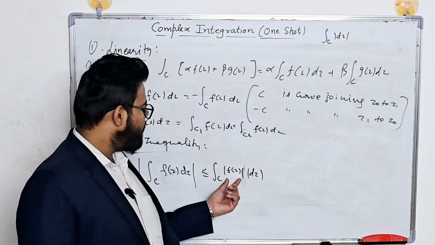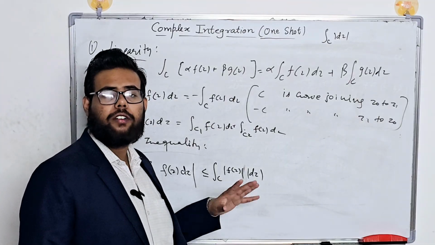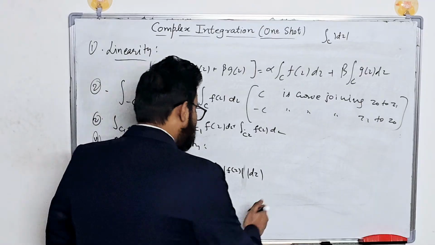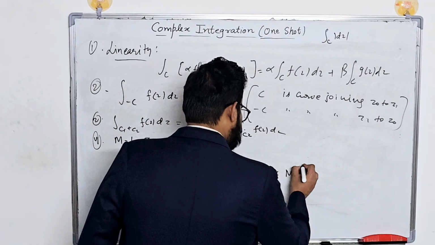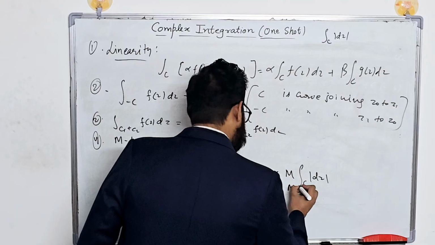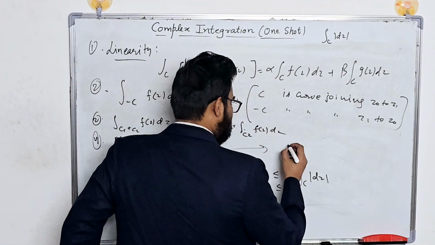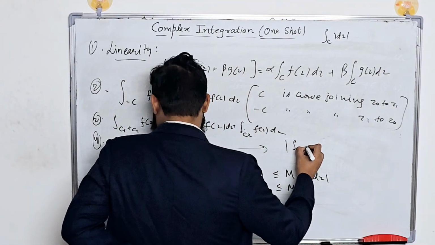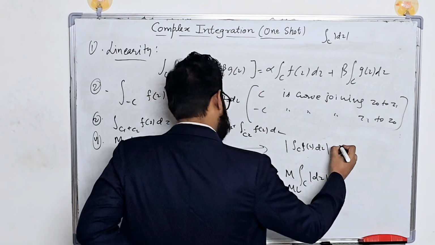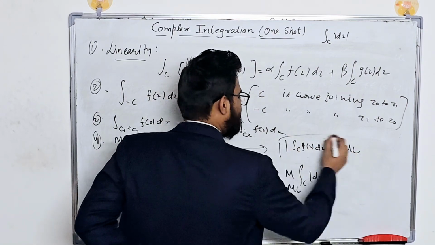Now if the mod of f of z has a maximum value, suppose m, right? So we can set it equal to like this, m times this integration, right? So it is less than ML. So it means that the mod of this integration f of z dz is less than or equal to ML, right?